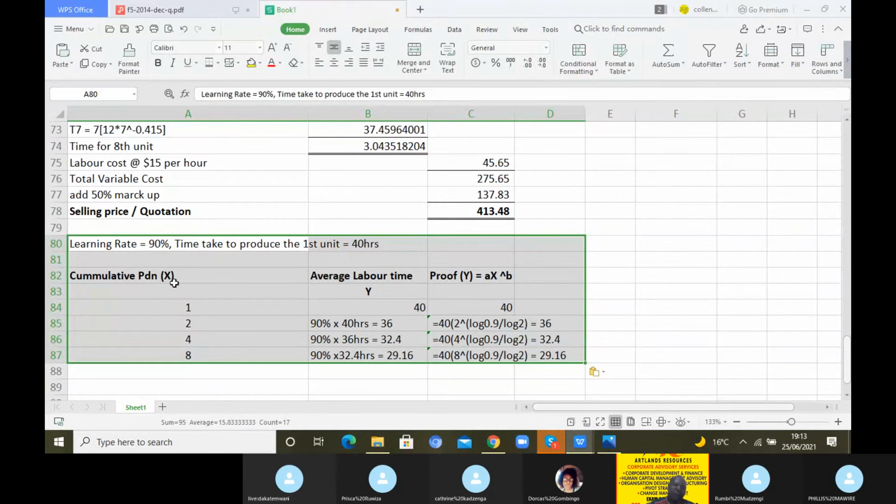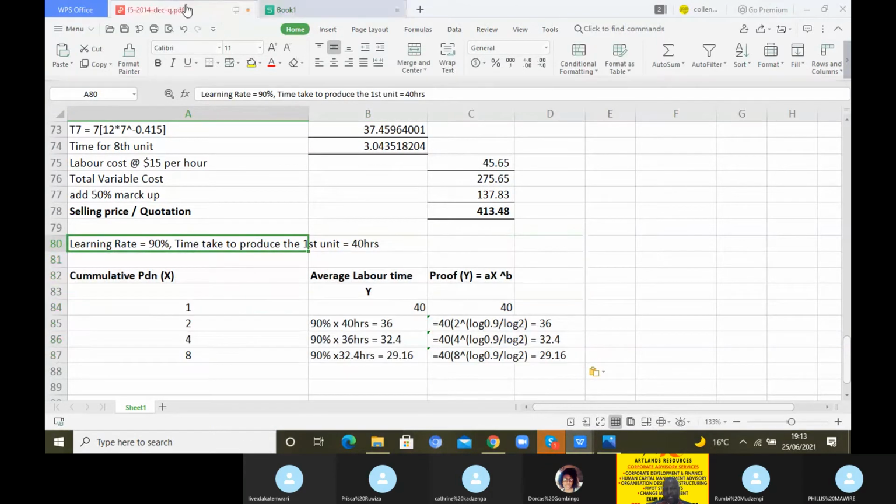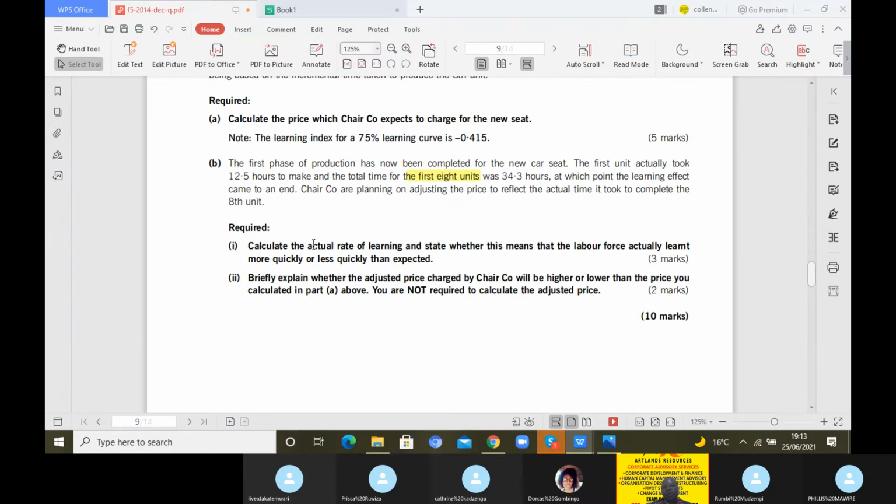In this table, our learning rate was 90%, but in the question, they are saying calculate the actual rate of learning. In other words, we don't have the learning rate. It is the rate that we want to estimate.